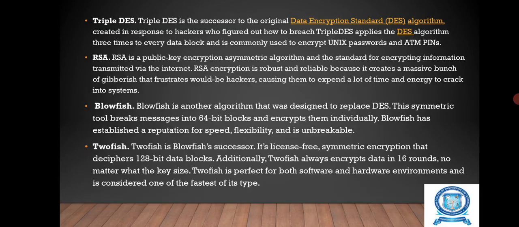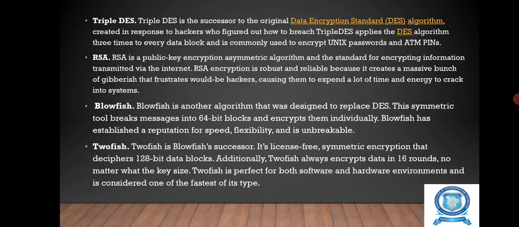Triple DES. Triple DES is a successor to the original Data Encryption Standard algorithm, created in response to hackers who figured out how to breach DES. It applies the DES algorithm three times to every data block and is commonly used to encrypt Unix passwords and ATM PINs. RSA.